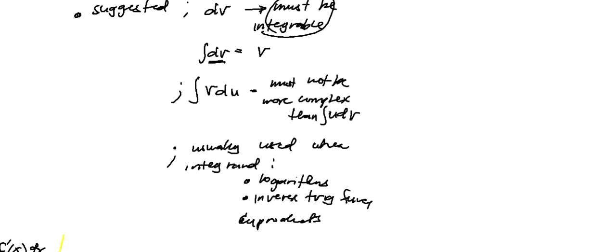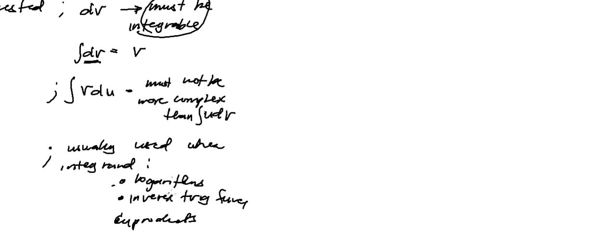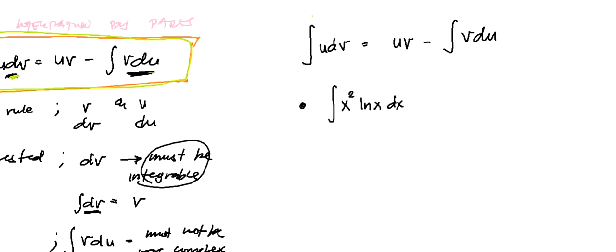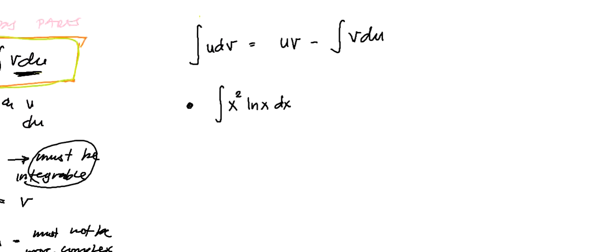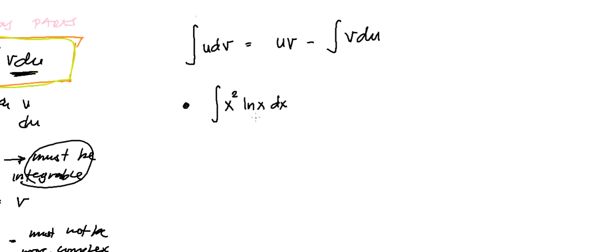We also said last time that it is usually used when the integrand has this type. So we have logarithms. We have some function of x here, which is in terms of logarithms, and we have x squared.